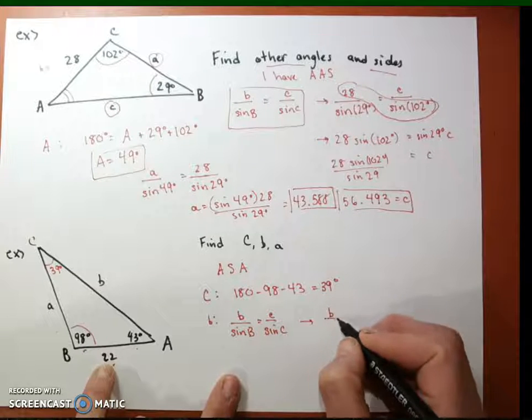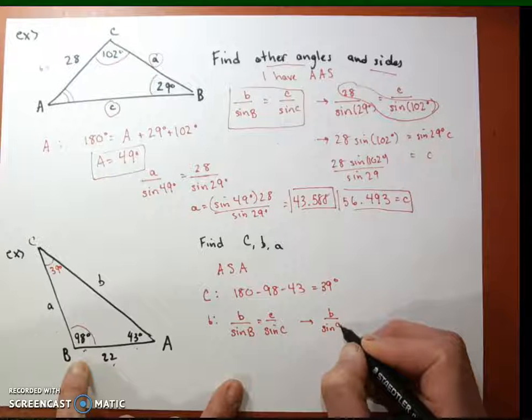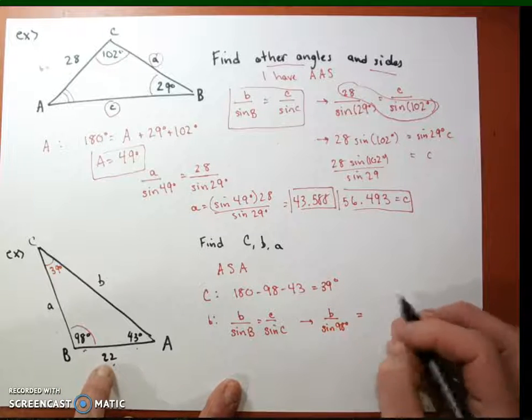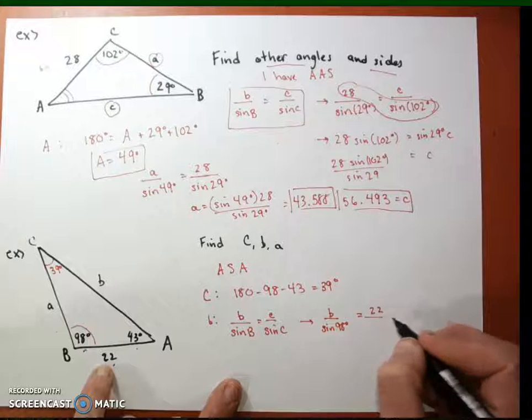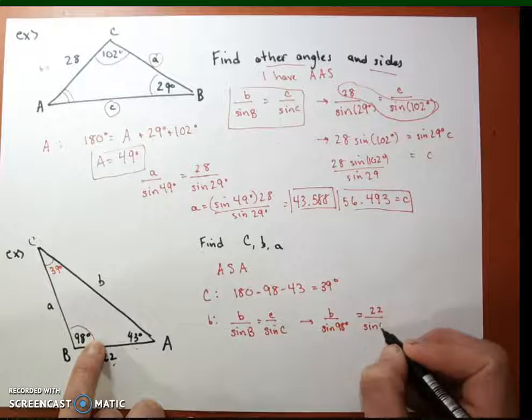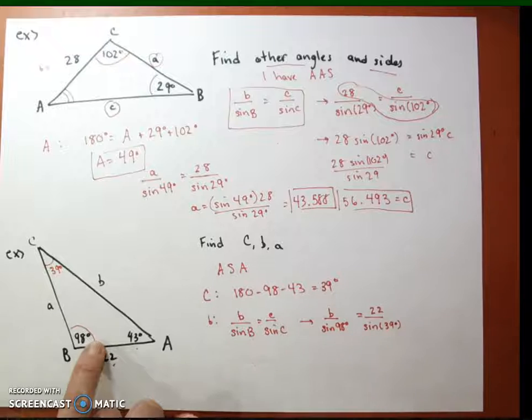So I fill that in. B, I don't know. Sine of B is sine of 98 degrees. c is 22, since that's given to me. It's opposite C. And sine of C will be sine of 39 degrees.